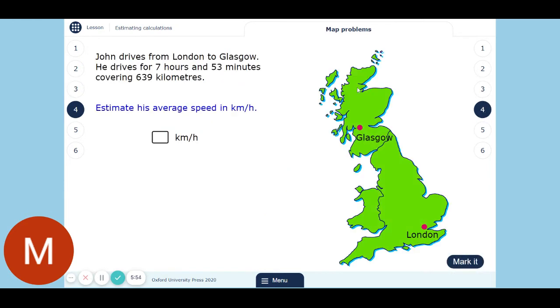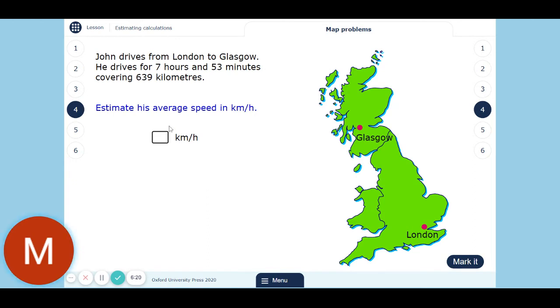Right, so here we've got John driving from London to Glasgow, very far away places. He drives for 7 hours and 53 minutes, covering 639 kilometers. We want speed in kilometers per hour. So remember that speed equals distance over time. So we're going to do this number divided by this number, but we're going to estimate it.